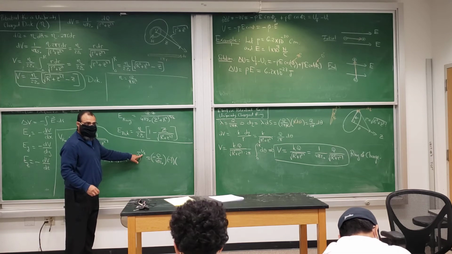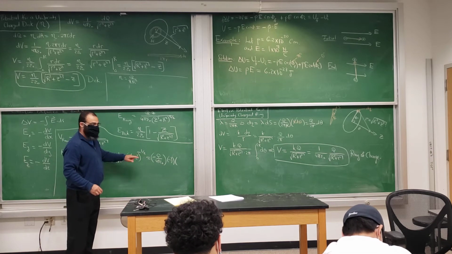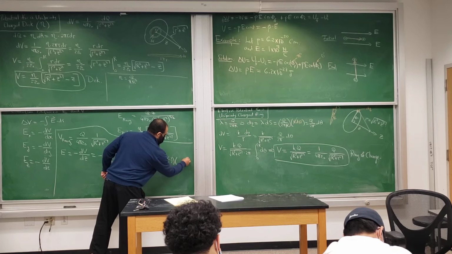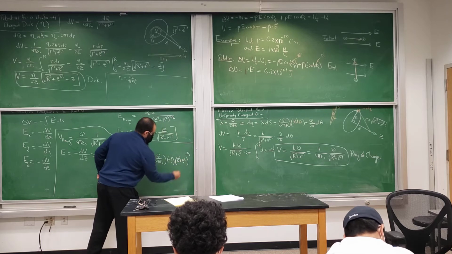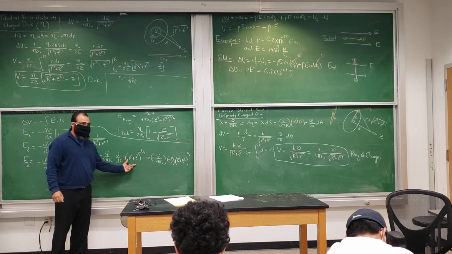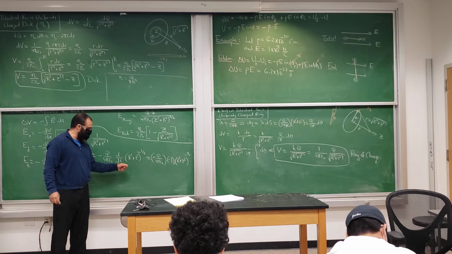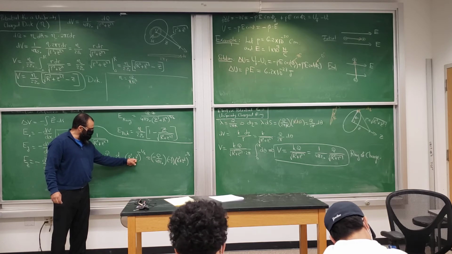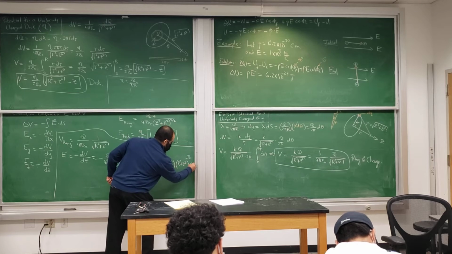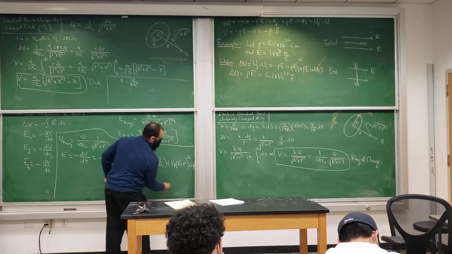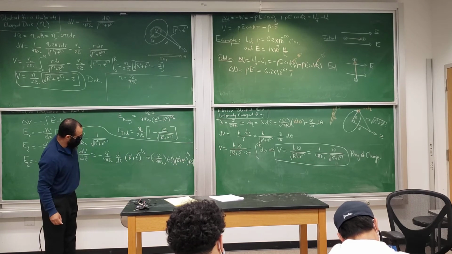You have to subtract 1 from the exponent, so minus 1/2 minus 1 is minus 3/2. And then you have to take the derivative of the inside function. r is a constant, so that goes away, and the derivative of z squared is 2z.